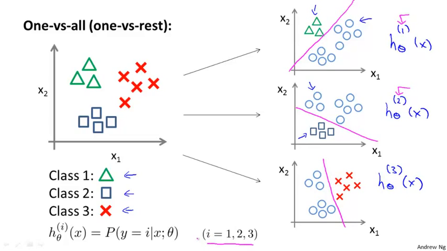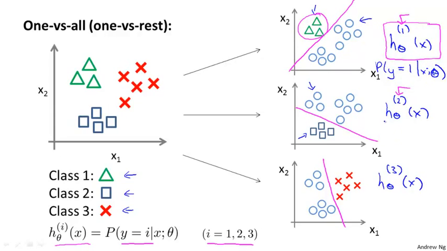So for i equals 1, 2, 3, we've fit a classifier h superscript i subscript theta of x that's trying to estimate what is the probability that y is equal to class i given x and parameterized by theta, right? So in the first instance, this classifier was learning to recognize the triangles. So it's thinking of the triangles as a positive class. So h superscript 1 is essentially trying to estimate what is the probability that y is equal to 1 given x and parameterized by theta.